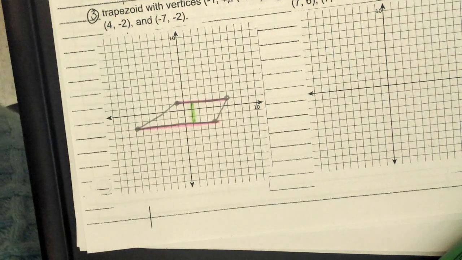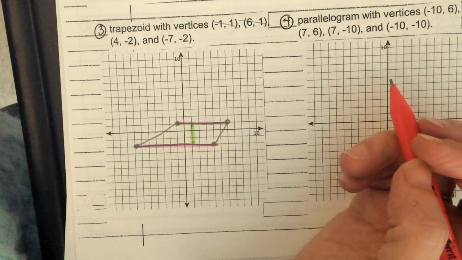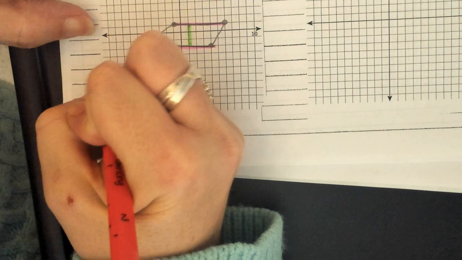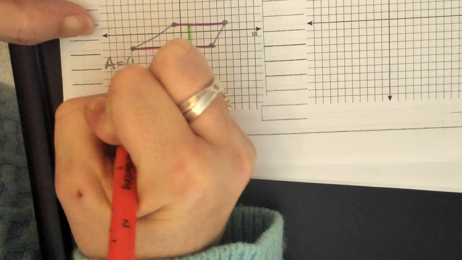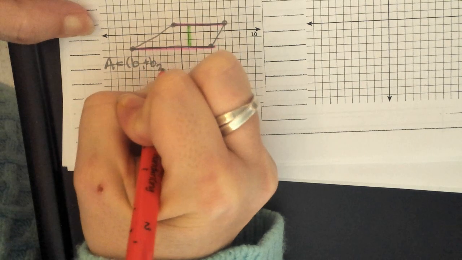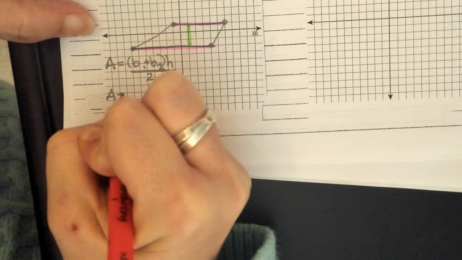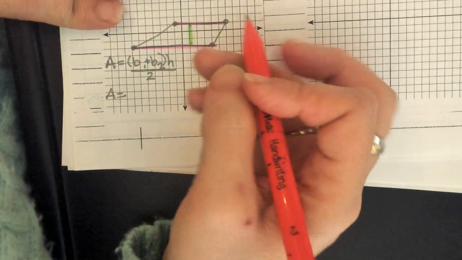Now, here we go. I'm going to do it right. Either way, it doesn't matter. A equals base 1 plus base 2. Okay, here we go. Bases.